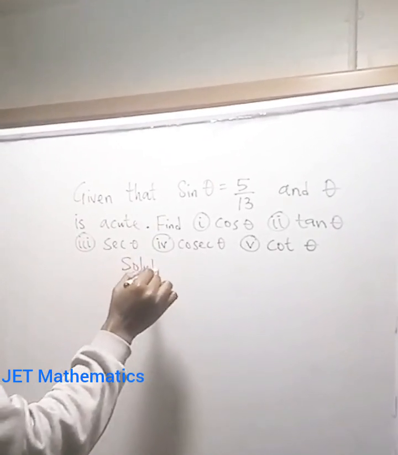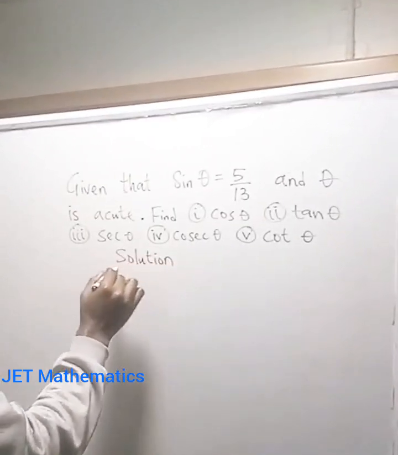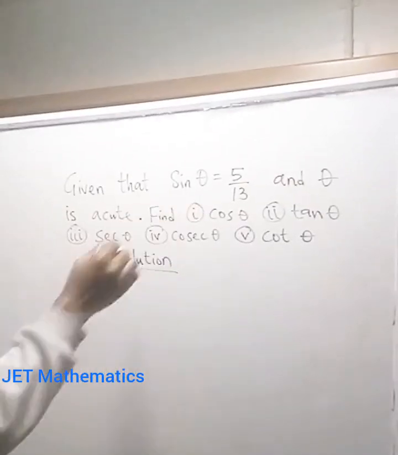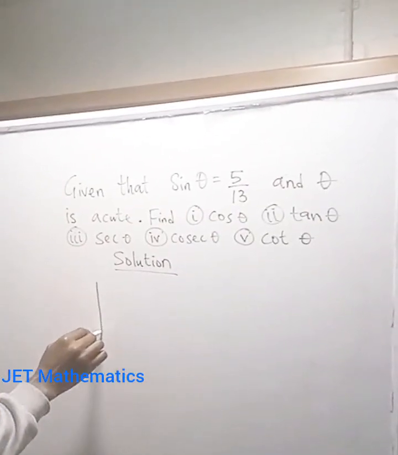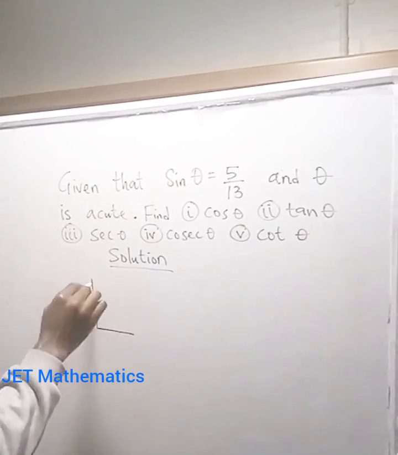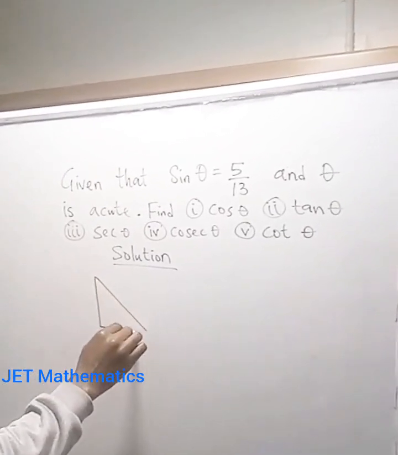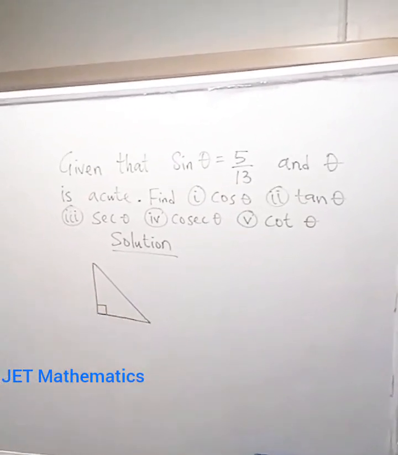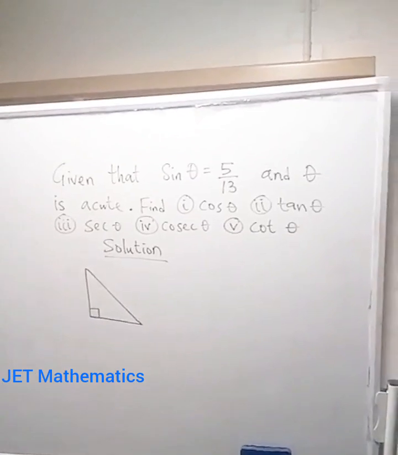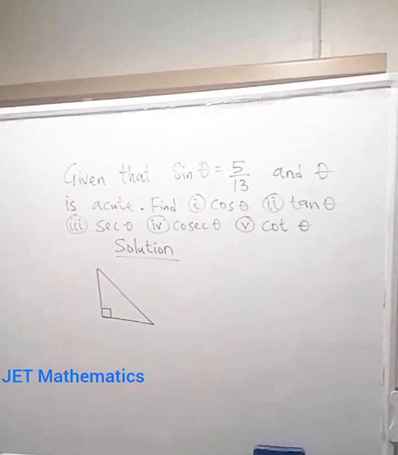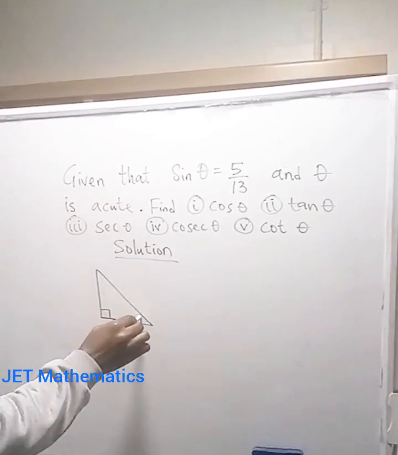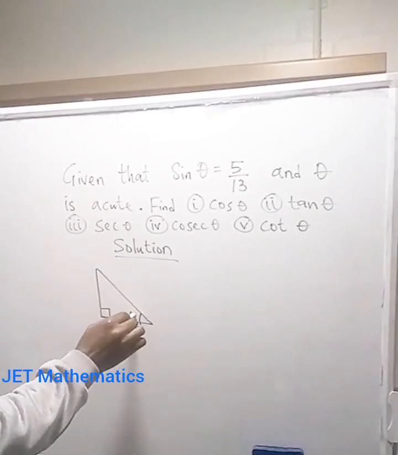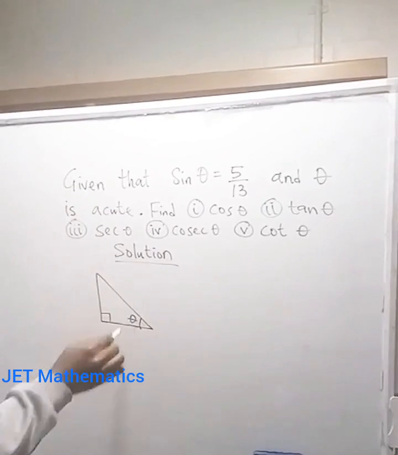Solution. So first of all, we'll draw a right angle triangle and then fix our angle theta anywhere. You can fix it either here or here.